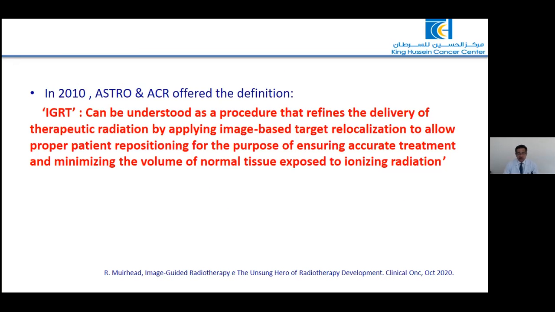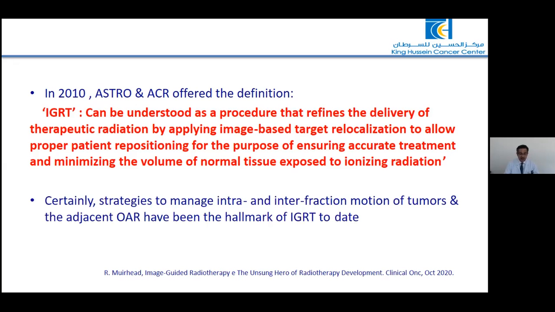The definition of IGRT came from ASTRO and ACR in 2010, defining this as the procedure that refines the delivery of therapeutic radiation by applying image-based target relocalization to allow proper patient repositioning for the purpose of ensuring accurate treatment and minimizing the volume of normal tissue exposed to ionizing radiation.